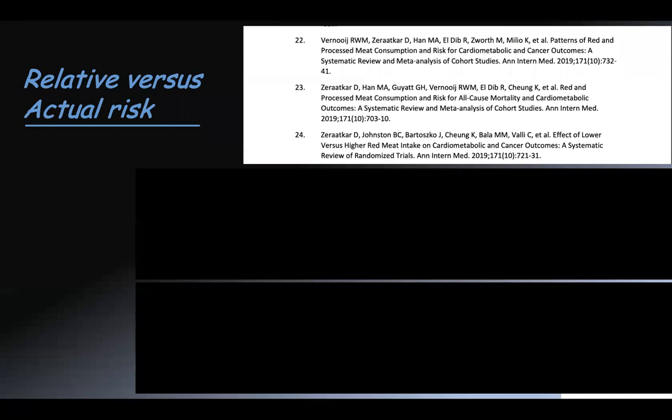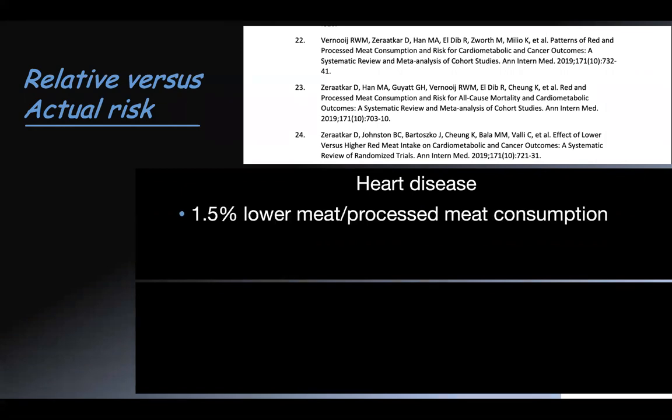So let's take a look at three studies the Heart Foundation referred to in their position paper. So heart disease, those who ate less than 3 servings of meat a week had a 1.5% increased risk of heart disease, while those who ate more than 3 servings of red meat a week had a 1.7% increased risk.